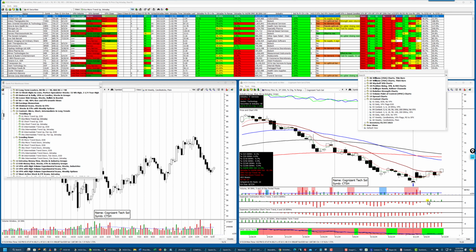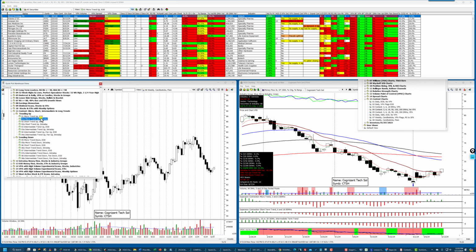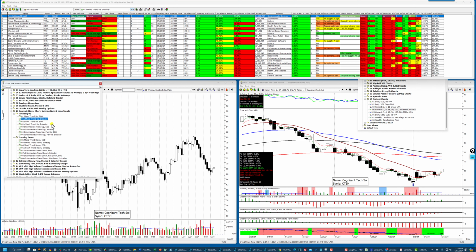I'm sorry, right here, I was on the wrong one. This is volume, this is a crossover. So it crossed over and it's continuing to go up. And notice that the 6 has not crossed the 18, and of course the 18 hasn't crossed the 50, and the fan is down. So what these scans let us do is look for stocks that are just potentially beginning their run. I don't know if they're beginning or not, but it shows me the stocks which meet the criteria.